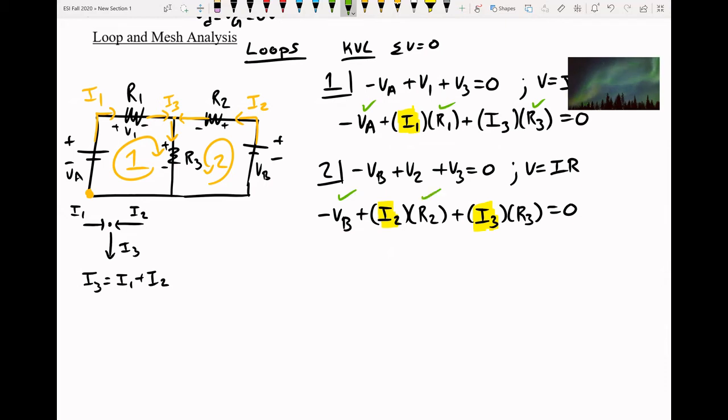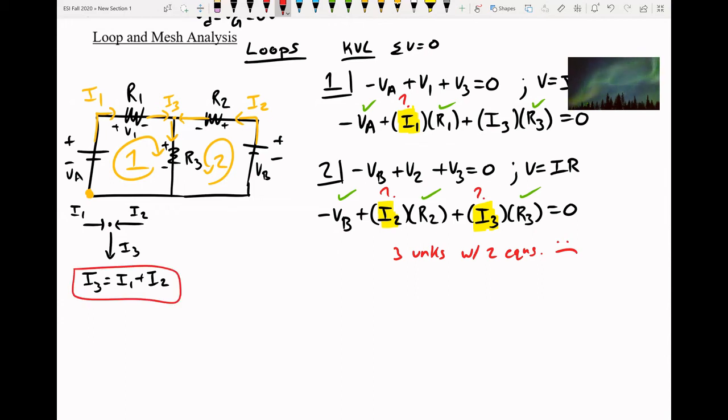You know what the resistances are. But now you'll have I1, I2, and I3, and that creates 3 unknowns with only 2 equations. Not good. But we actually have a third equation over here.